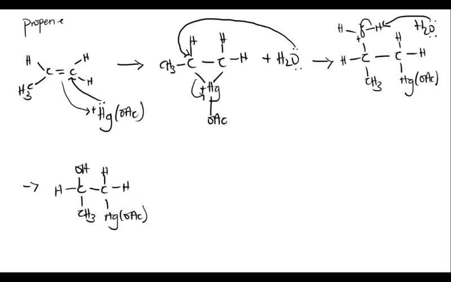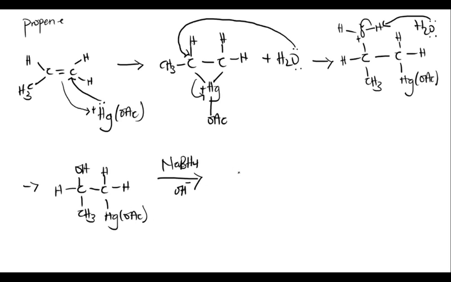Now that we've reached this stage, the oxymercuration part has been done. That is, the addition of mercuric acetate in the presence of water has been completed. So all we need to do is to add sodium borohydride in the presence of a base, and that will replace the acetate mercuric group that we have over here with hydrogen.